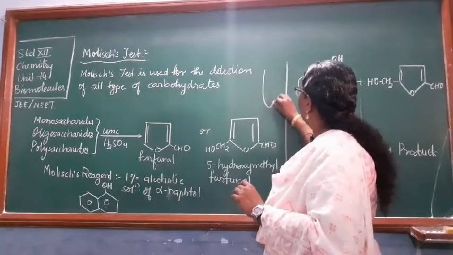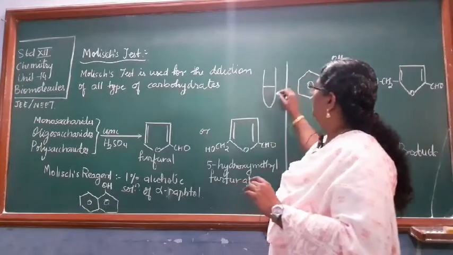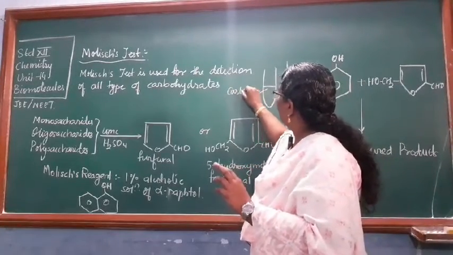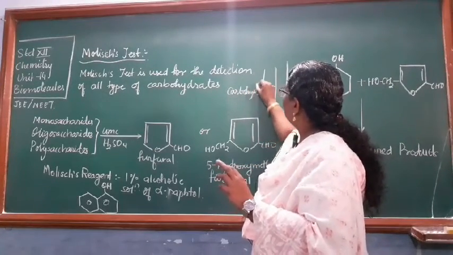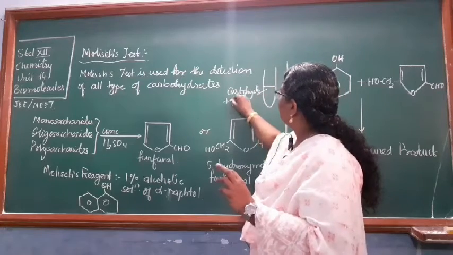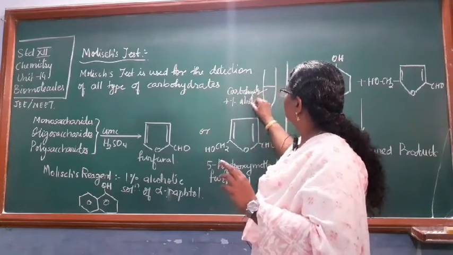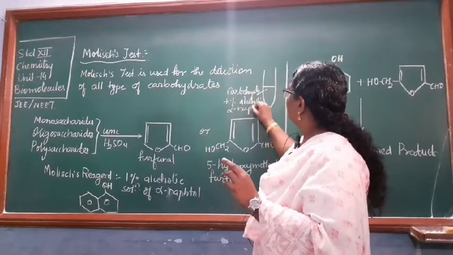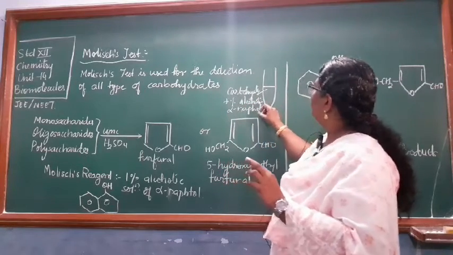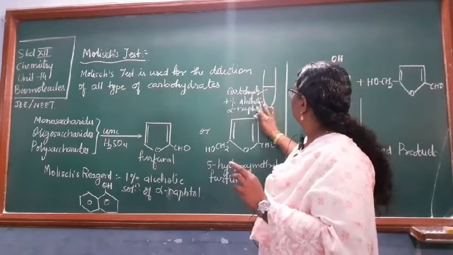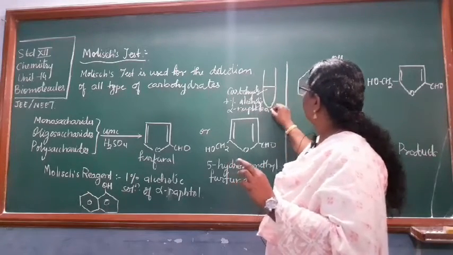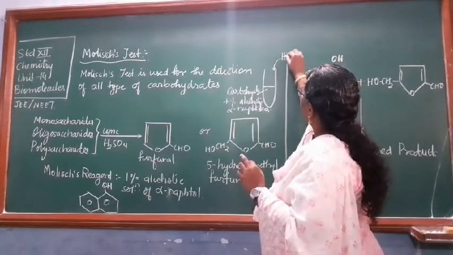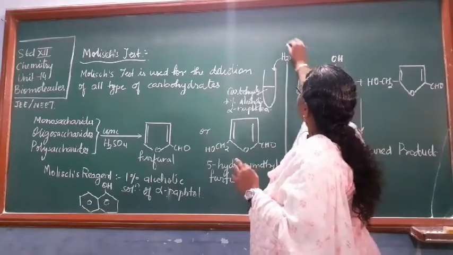See, this is your carbohydrate, plus 1% alcoholic alpha naphthol, and to this you are adding, from the walls of the test tube, concentrated H2SO4.